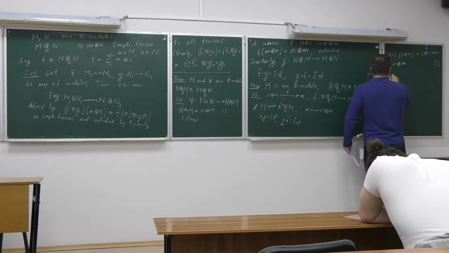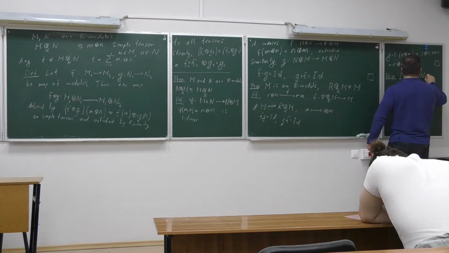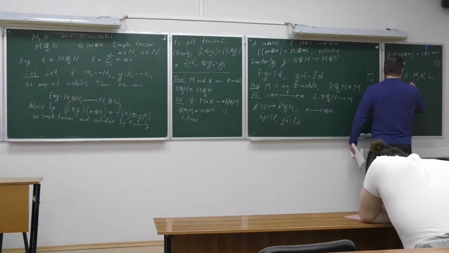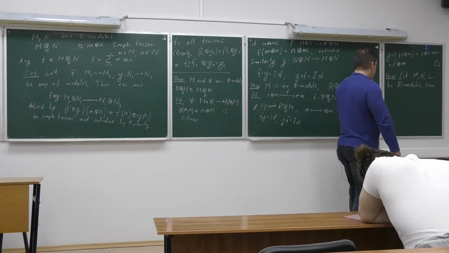Okay, so next proposition. Let M, N, and L be R modules. Then we have the so-called associativity of the tensor product.